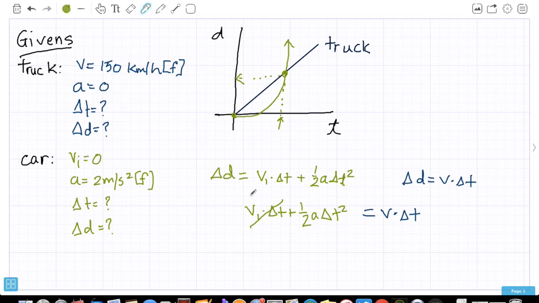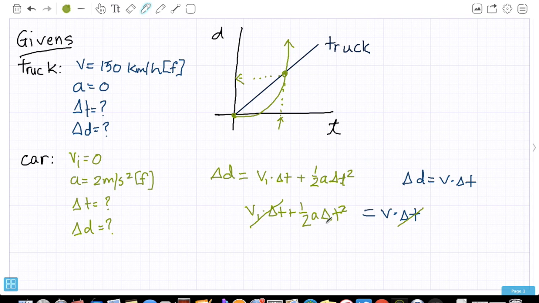I'm trying to solve for t, and I'll notice that these t's are the same, so I can cross this out, cross that one out. And this also told me a little bit of information about the intersection as well. 0 is a solution to this equation. And we can see that on our graph. The truck and the car intersect at 0 when time is equal to 0. So that is not the answer that we want. We want the second answer.